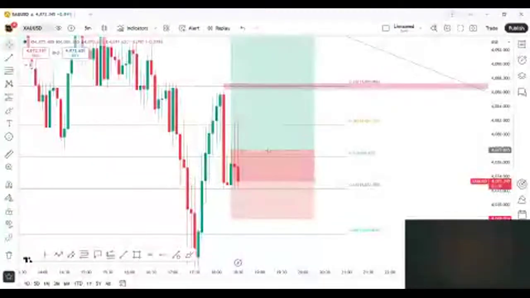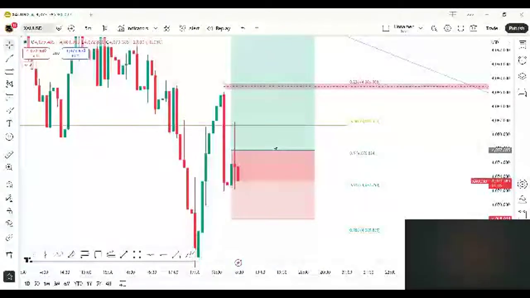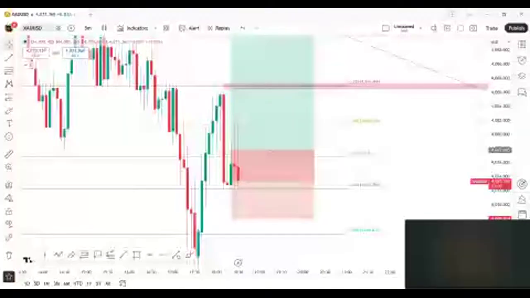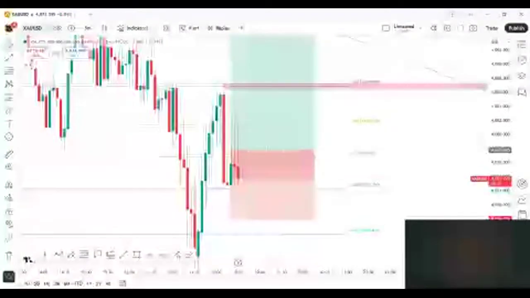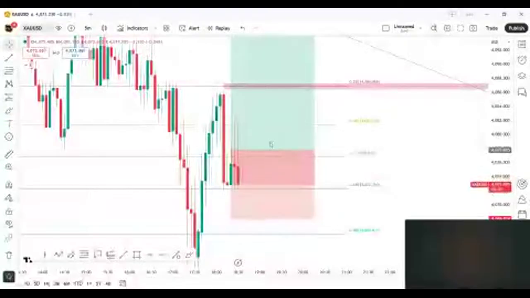This area, as I've told you before, is a really important area. We need a breakout above this area, then there are a lot of surety that we're going to see the market towards further upside, and there will be strong chances of a bull run. But if we do not get clarity or momentum above this zone, there are strong chances that the market can fall downside.